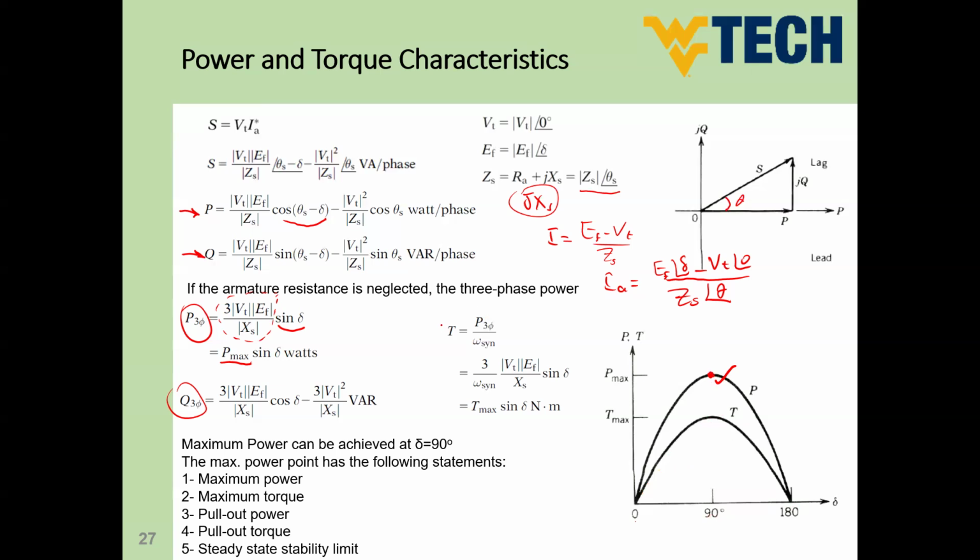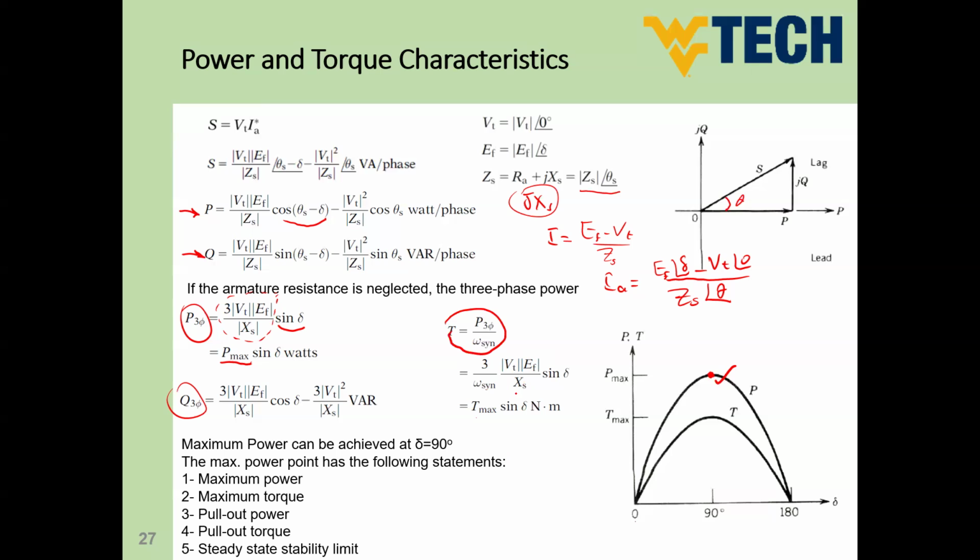So this is the torque relation, P three-phase divided by omega. So it's going to be 3V terminal EF divided by omega times XS times sine delta, which is T maximum sine delta, where T maximum is 3V terminal EF divided by XS times omega synchronous.